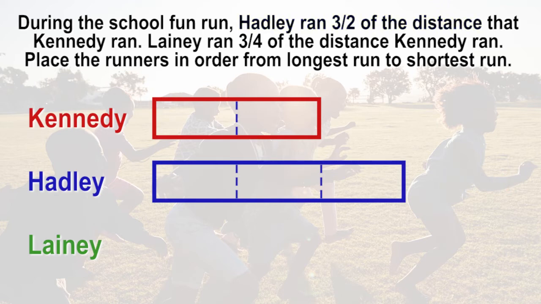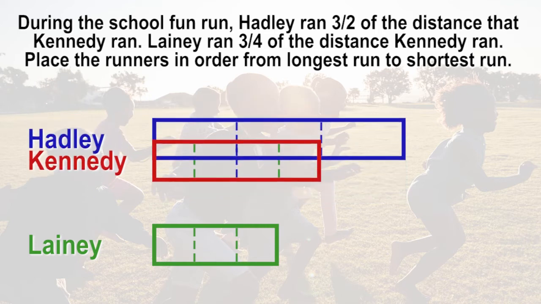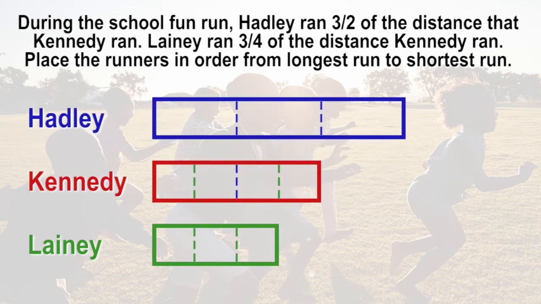Similarly, we know Laney ran 3/4 of the distance Kennedy ran. 3/4 is less than 1, so Laney's distance will be less than Kennedy's. By dividing Kennedy's distance into fourths, we can identify the 3/4 mark and add Laney's distance to our model represented in green. Using the models, we can now respond to the question by placing Hadley first with the longest run, Kennedy second, and Laney third with the shortest run.